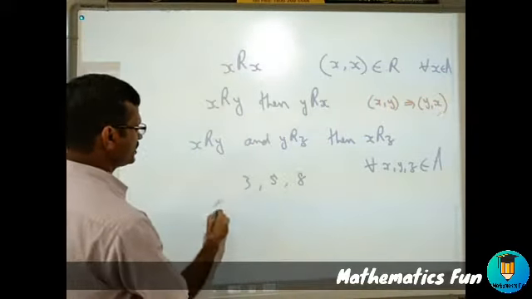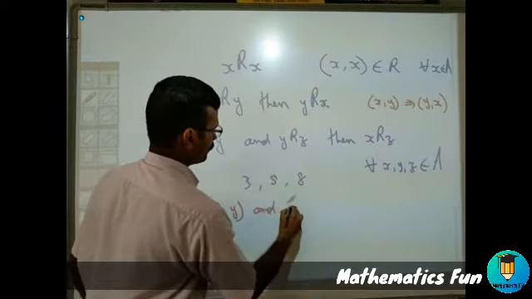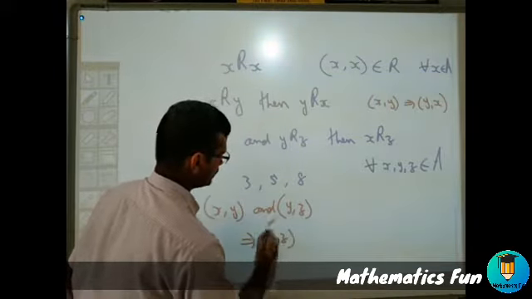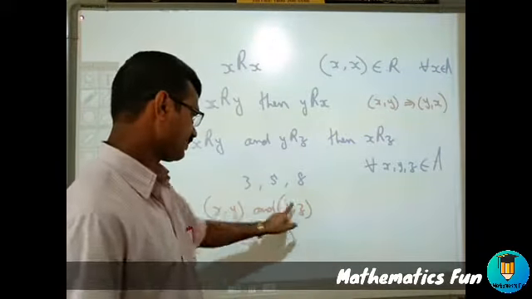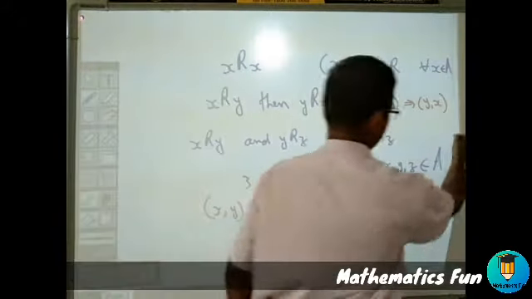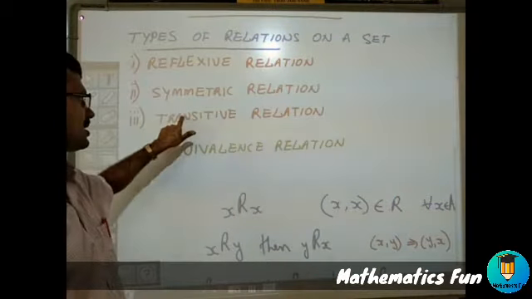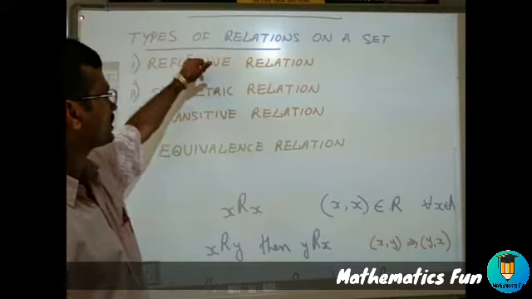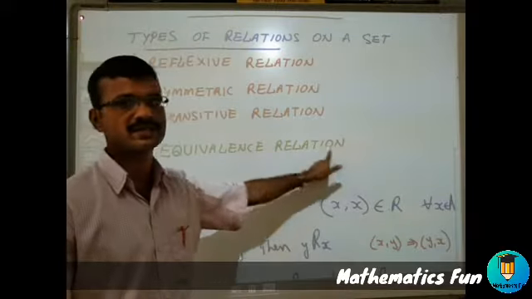In ordered pair format, (x, y) and (y, z) imply (x, z) must be there. Then only it is a transitive relation. So these are the three types of relations: reflexive, symmetric and transitive. Now if a relation is reflexive, symmetric and transitive, then it is known as an equivalence relation.